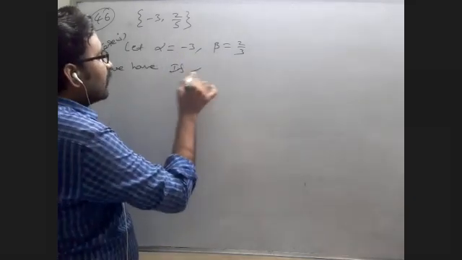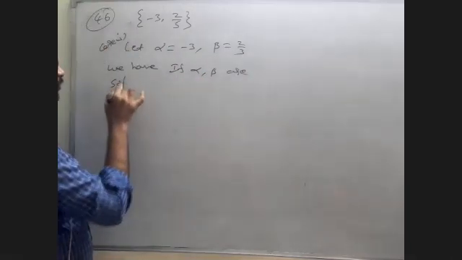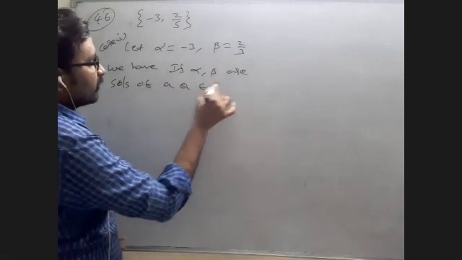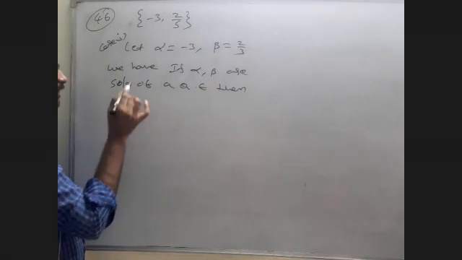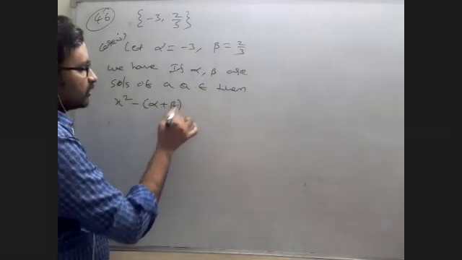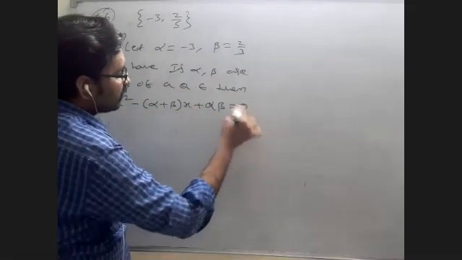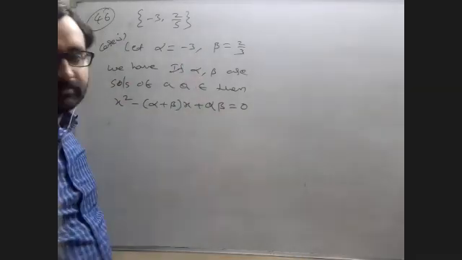If alpha, beta are solutions of a quadratic equation, then x square minus (alpha plus beta) x plus alpha beta equals 0. This is the equation if you have two roots.